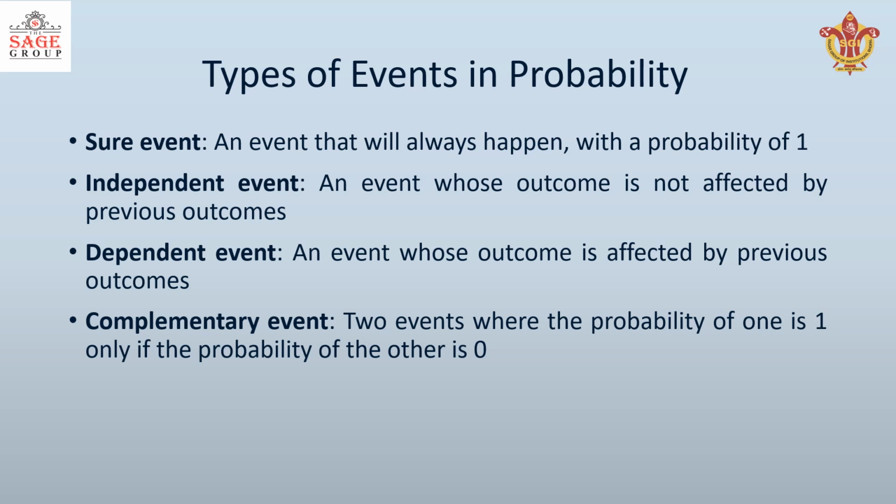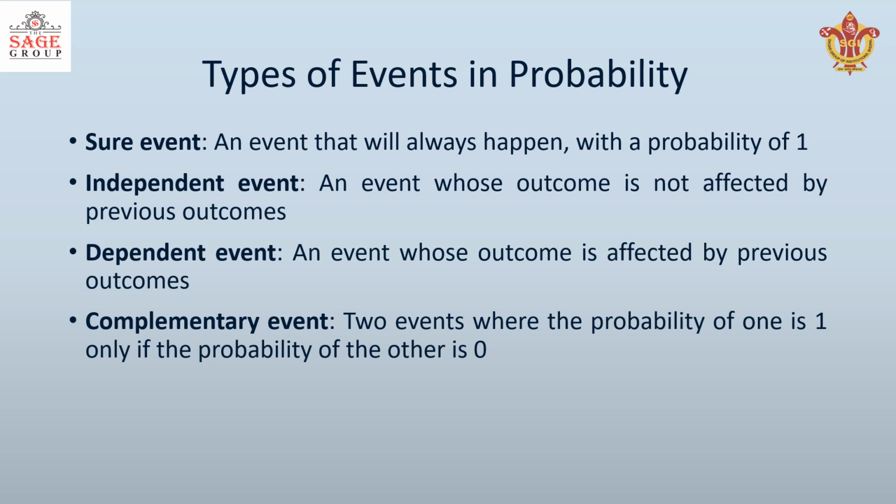Next, coming to the dependent events. An event whose outcome is affected by previous outcomes is known as a dependent event. Suppose I am talking about a pack of cards. The first event I am talking about is the probability of getting a king in the first draw.